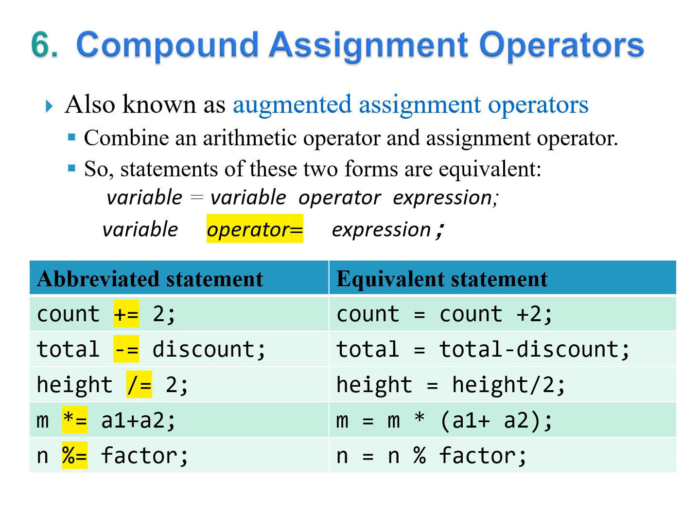Compound assignment operators, which are also known as augmented assignment operators, combine an arithmetic operator and the assignment operator. A compound assignment operator is indicated by an arithmetic operator followed by the equal sign. The ones highlighted here are compound assignment operators.